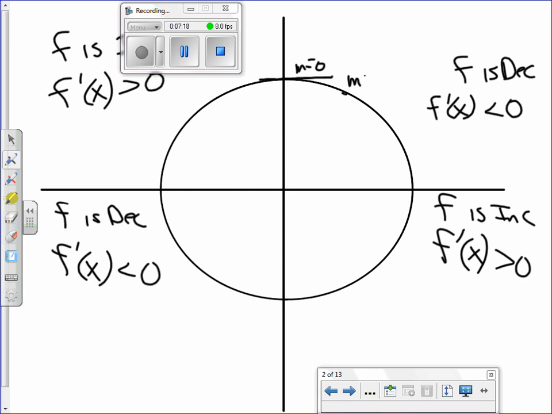All right, I like that. What about over here? Negative 12. Yeah, because it'd have to be greater in magnitude than over here. It's pretty steep, right? Give me one more.